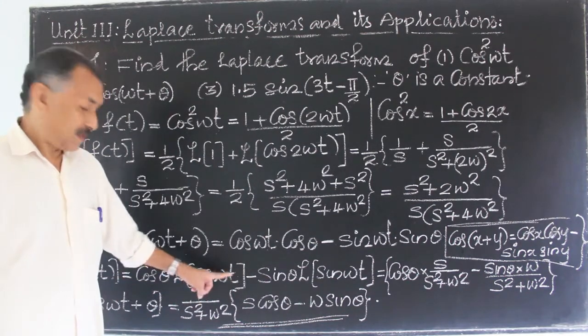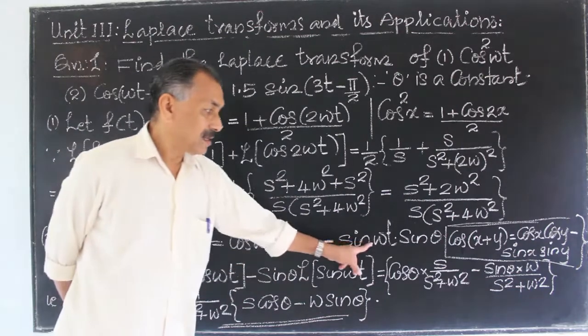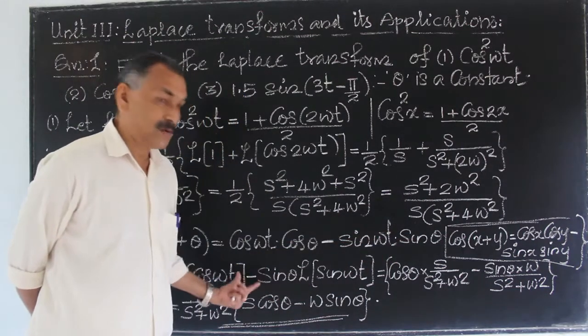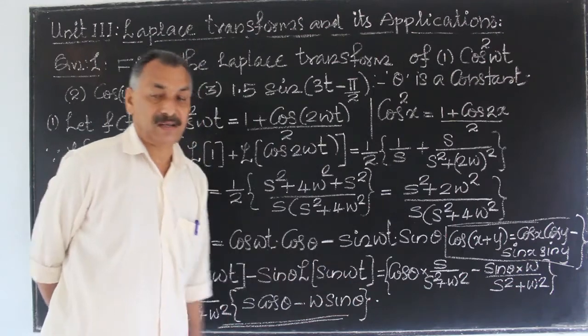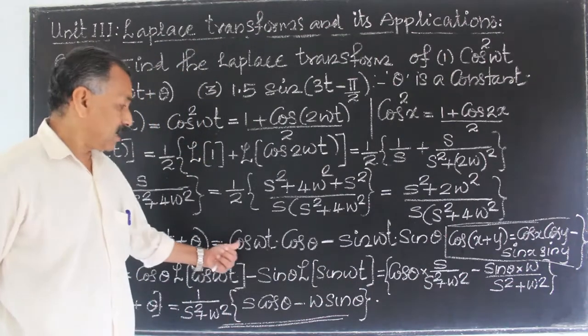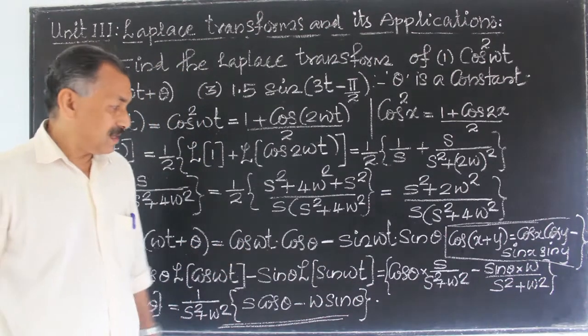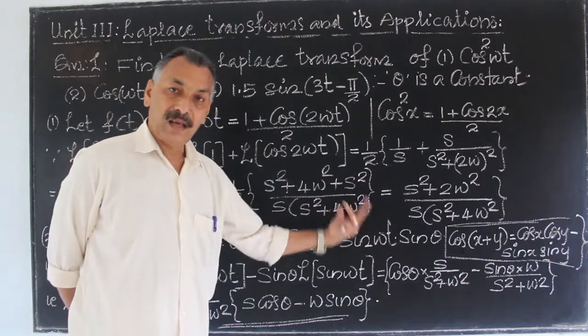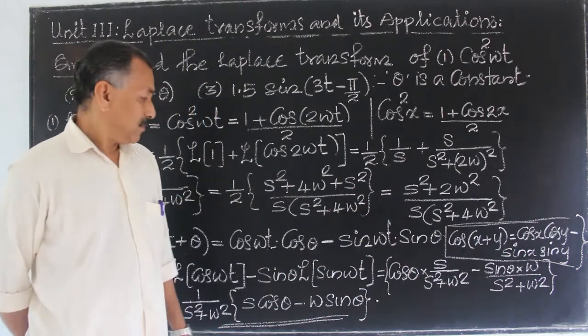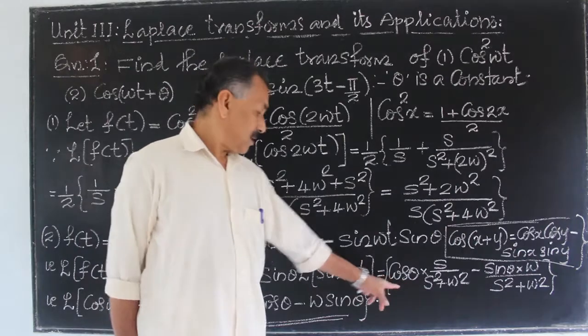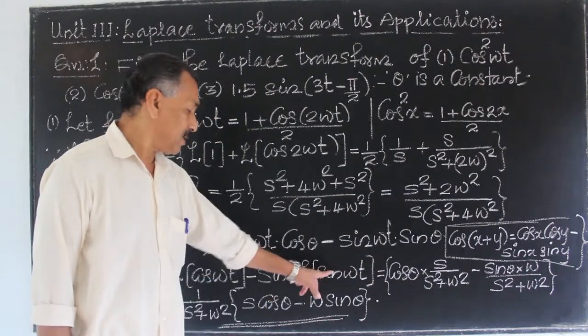f of t എന്നുള്ള ടൈം cos omega t minus here sin theta constant, sin theta also എടുത്താൽ Laplace transform of sin omega t. Cos theta L of cos omega t minus sin theta L of sin omega t. That is equal to cos theta in. What is Laplace transform of cos omega t?